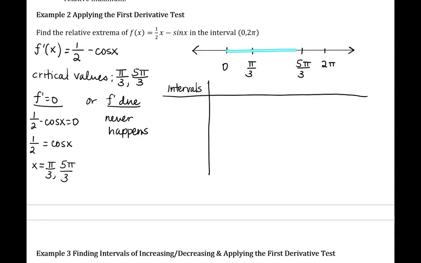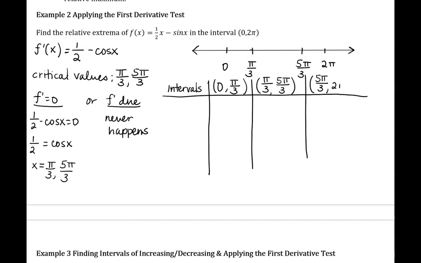Remember that we are only working between 0 and 2 pi, and so our first interval is from 0 to pi over 3. Our second interval is from pi over 3 to 5 pi over 3. And our final interval is from 5 pi over 3 to 2 pi.